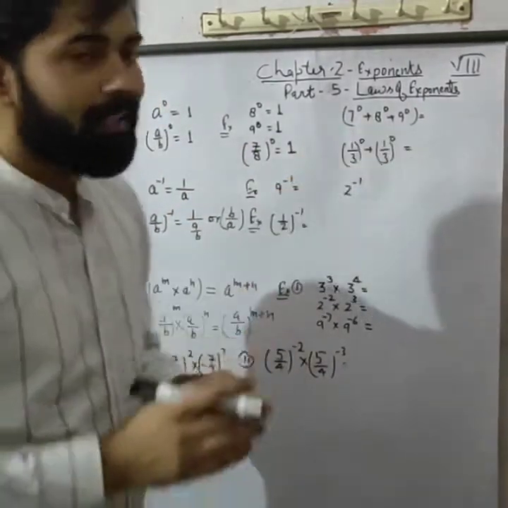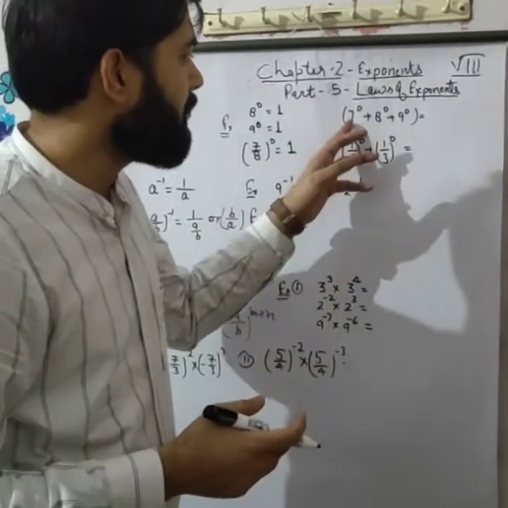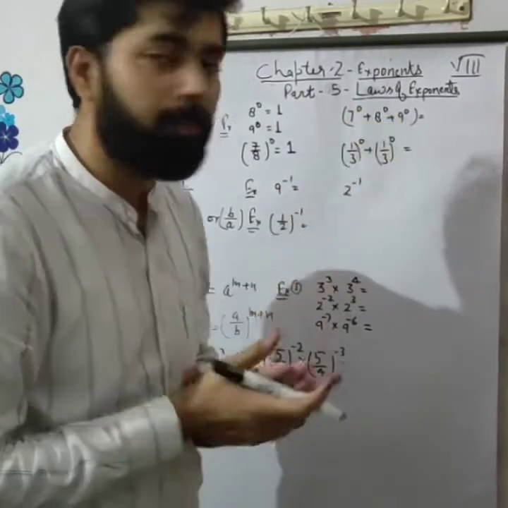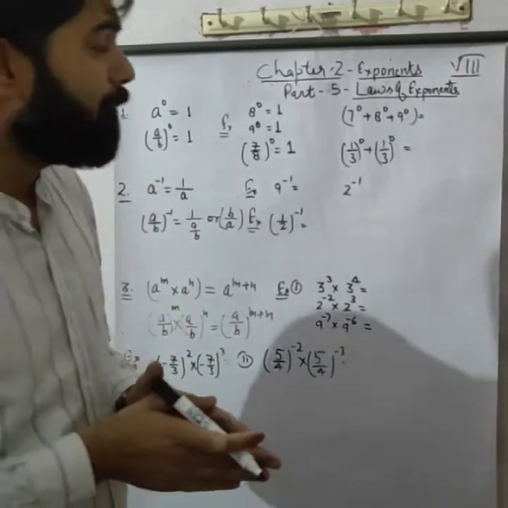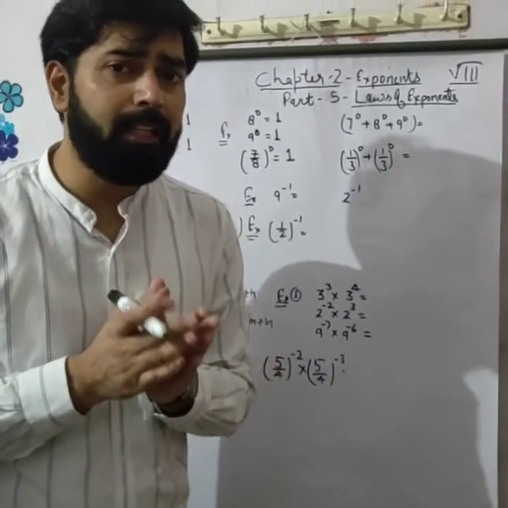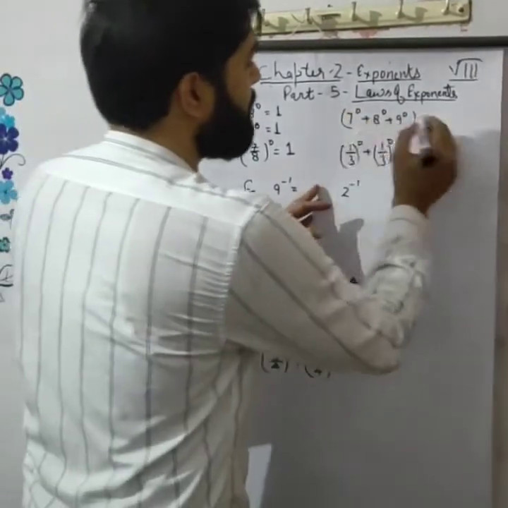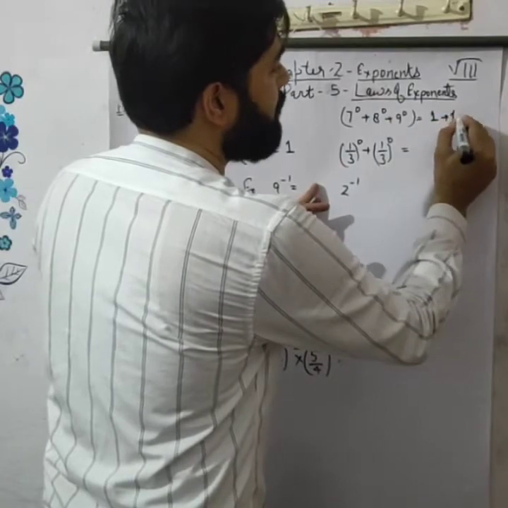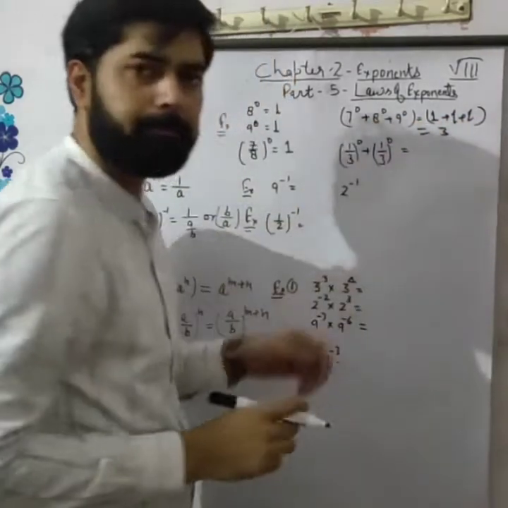In the question in this form, how can we solve? Look here: 7 raised to the power 0 plus 8 raised to the power 0 plus 9 raised to the power 0, and the question is saying find the value. If you know the value of any non-zero number raised to the power 0, then you can solve it easily. So 7 raised to the power 0 means 1, plus 1, plus 1, then the answer will be 3.